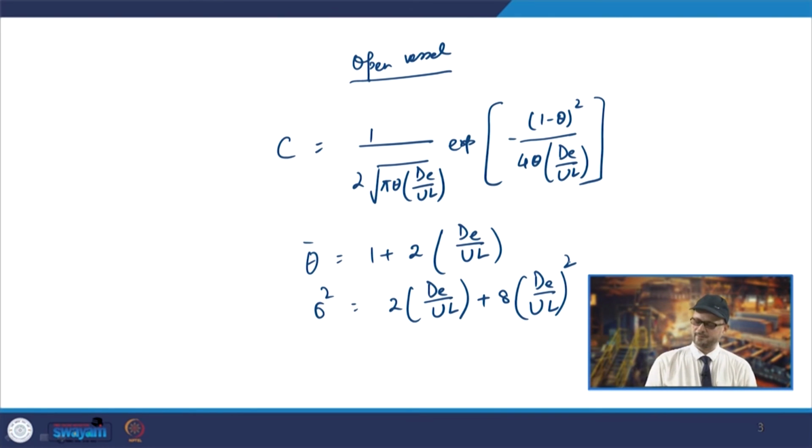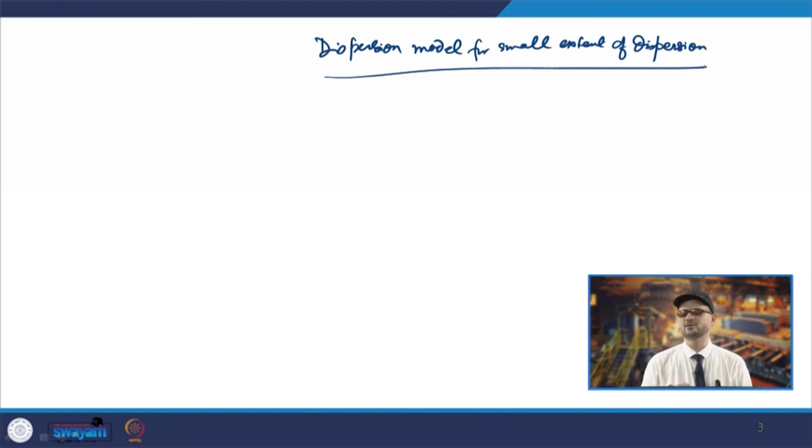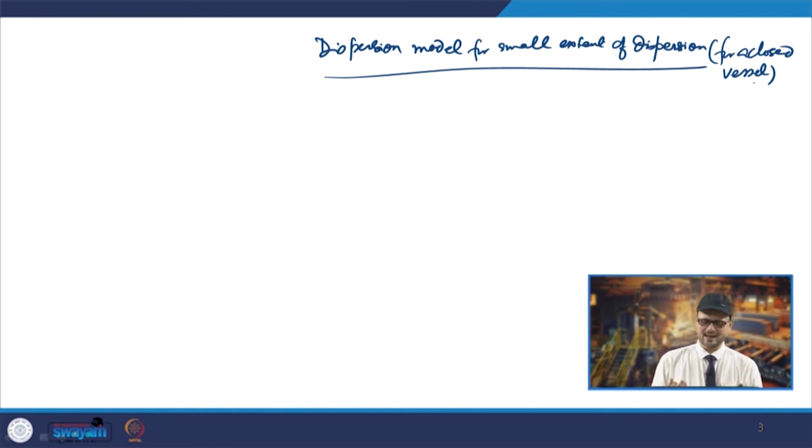And if you look at the dispersion model for a small extent of dispersion, where the dispersion number value is small, and for a closed vessel, which is normally the case for tundish flow, the C curve normally has a Gaussian type of profile.